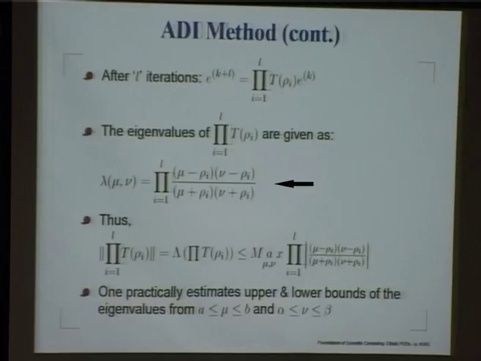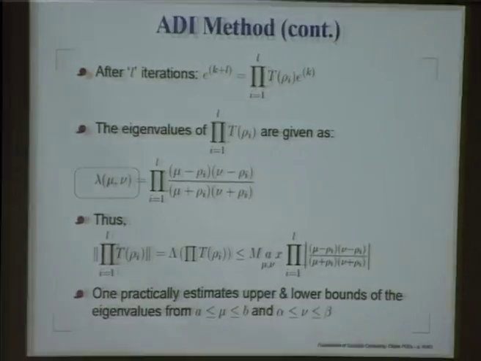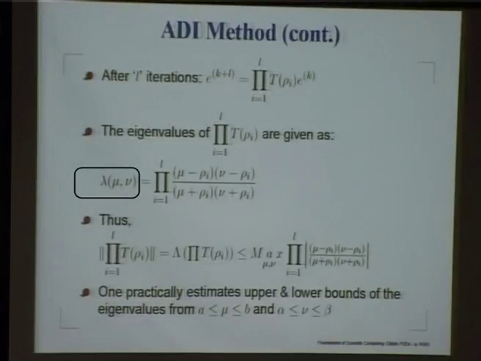So, if I call the eigenvalues of that product lambda, now lambda is a function of the eigenvalues of the constituent H and V matrices, so mu and nu. They will look like this, and they will also depend on the acceleration parameter rho I choose. So, I goes from 1 to L.